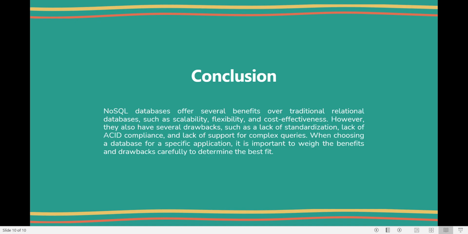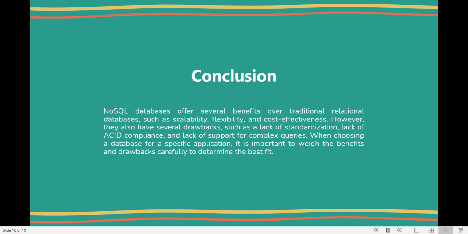These are the major reasons why we use NoSQL over traditional relational databases, because it is very scalable, very flexible to use, and very cost effective also. Relational databases are much costlier than NoSQL databases, and not as flexible as NoSQL.